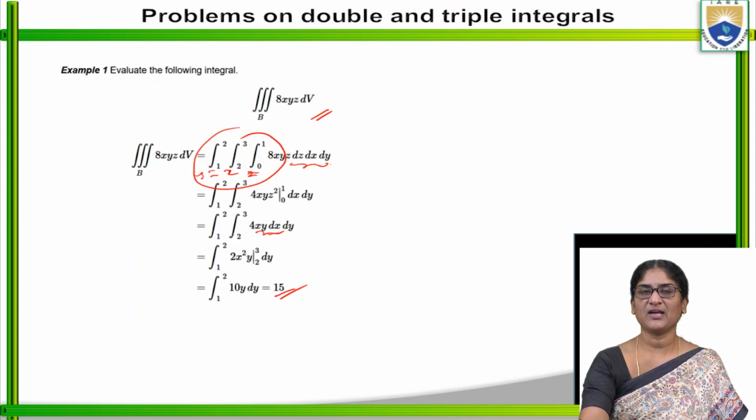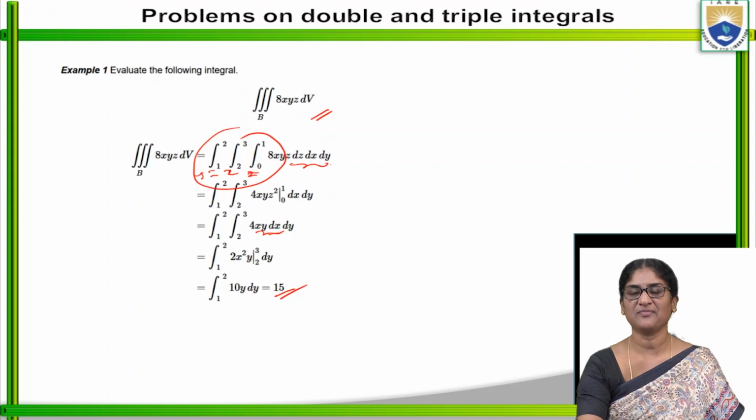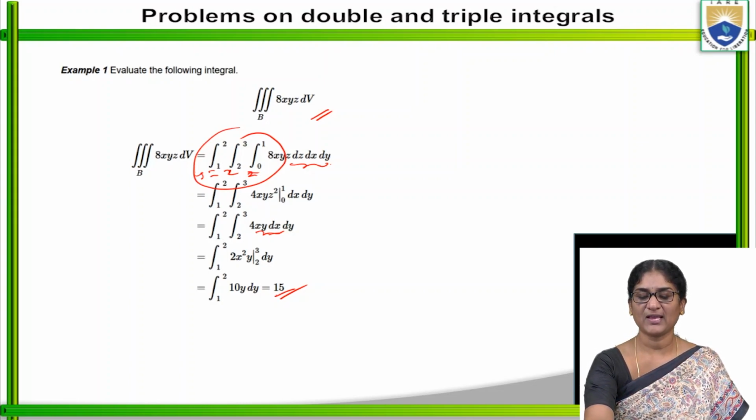If all three are fixed limits, follow the order of the differentials inside the integral. If any one of them is a variable limit, then the order of integration depends on the limits that are given. Here I have 8xyz, which gives z², and after substituting the limits z gets eliminated and the remaining function reduces to x and y.